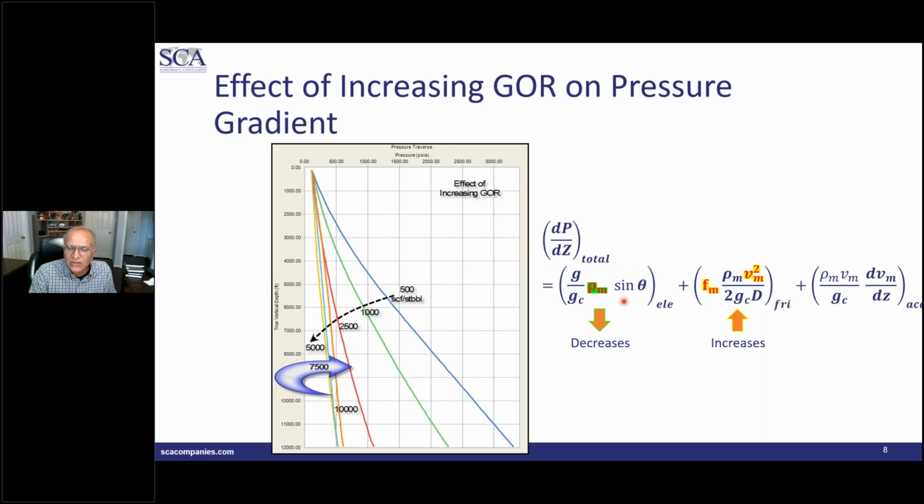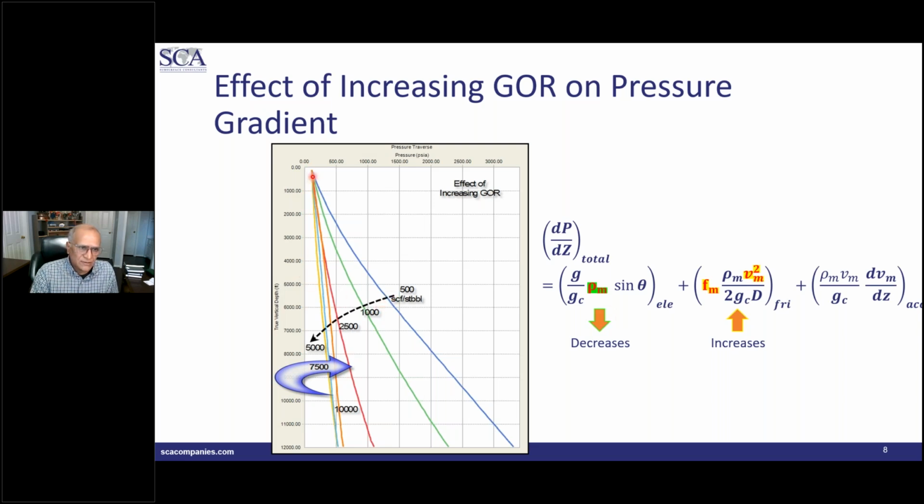Elevation being the major one as far as the vertical or deviated production profiles are concerned. And for elevation gradient, the most important is the mixture density. So as you inject gas, you are going to have lower and lower density, which will reduce the pressure losses associated with the elevation gradient, right?